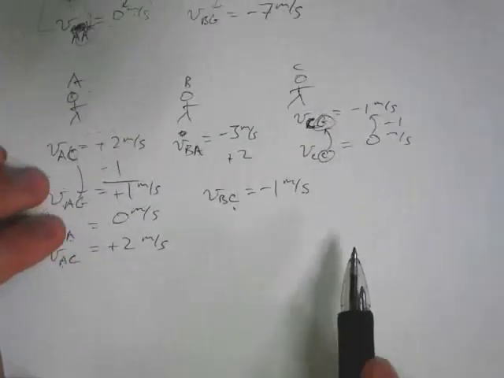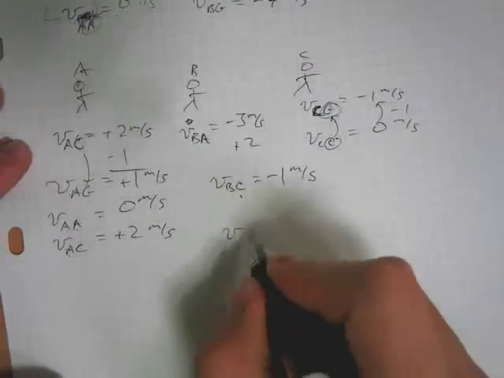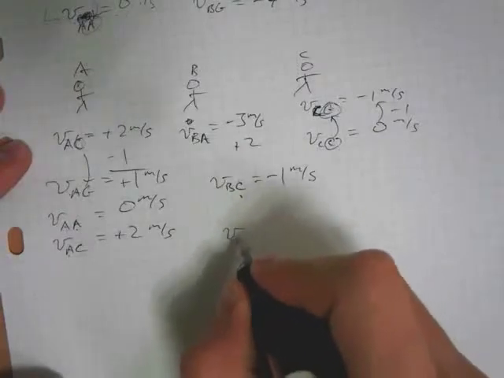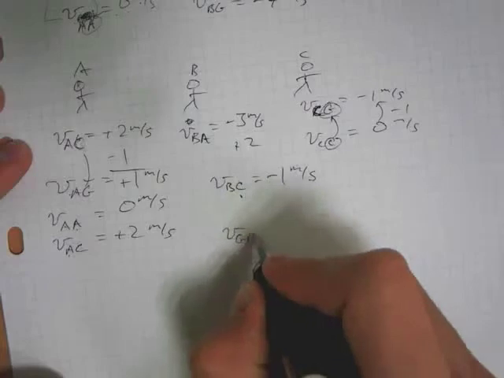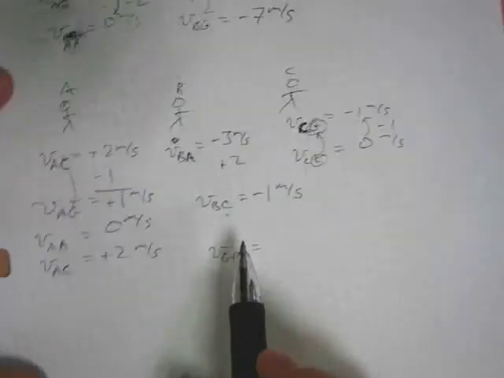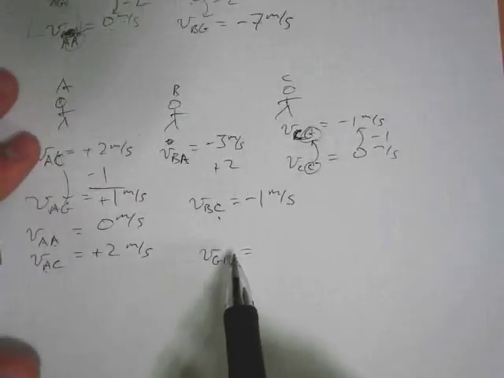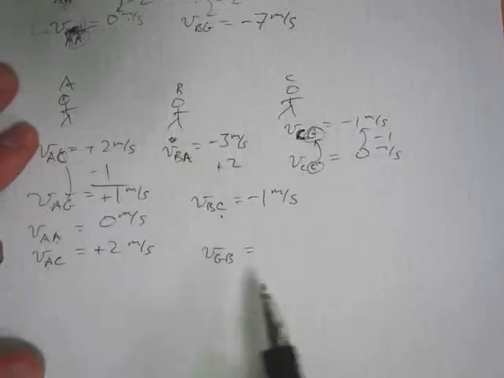Let's say I want to know the velocity of the ground relative to person B. This always kind of throws people. You know, the ground isn't moving, right? Well, we tend to think of it as stationary, but relative to this person who is moving, the ground is also moving.